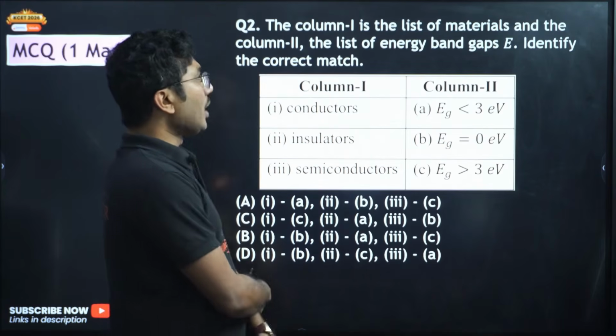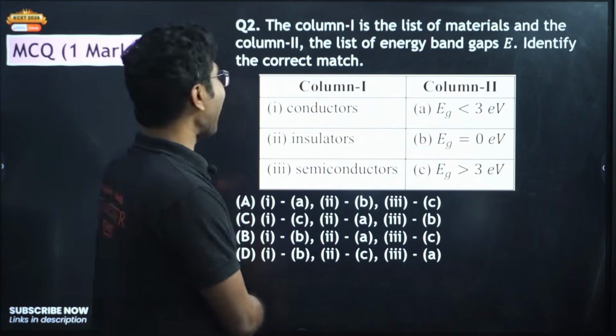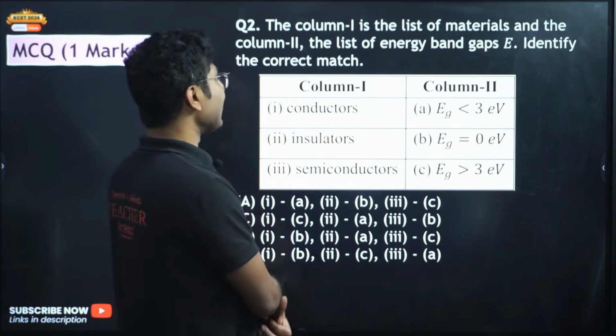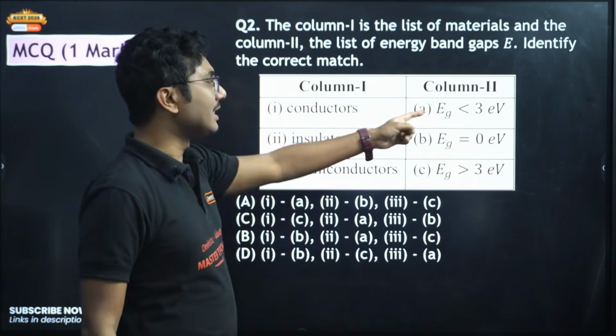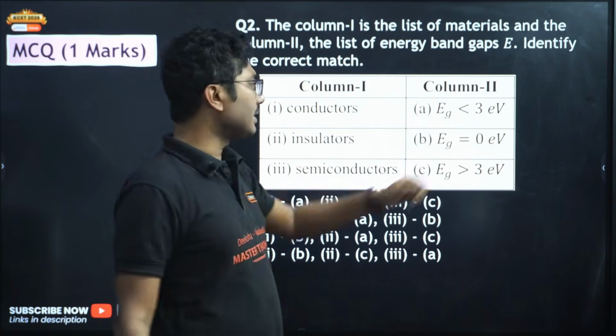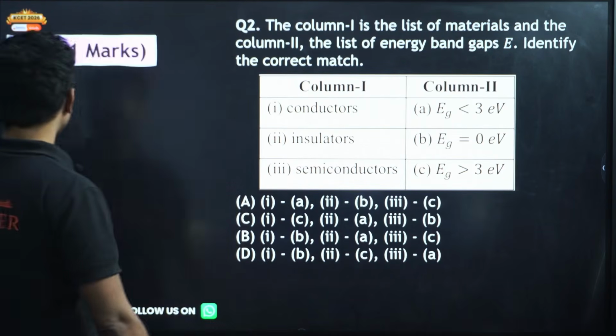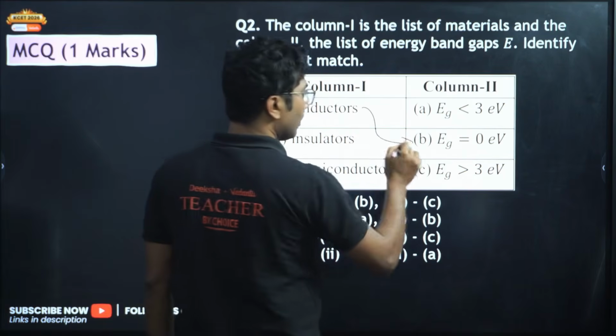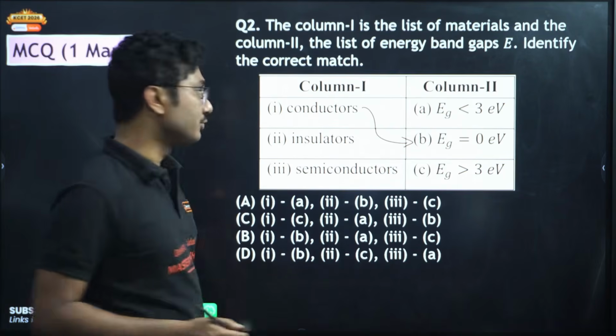The column 1 is the list of materials and column 2 the list of energy band gaps Eg. Identify the correct match. Conductors Eg less than 3 electron volt, insulator Eg equals 0 volt, semiconductor Eg greater than 3 electron volt. Now we know the match: conductors have 0 band gap, that means Eg equals 0.